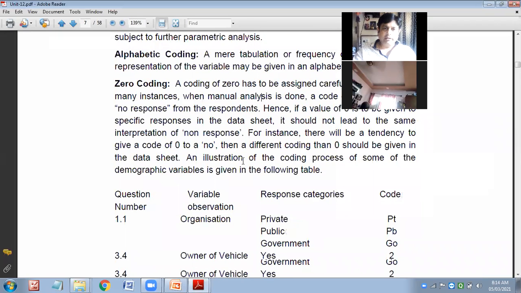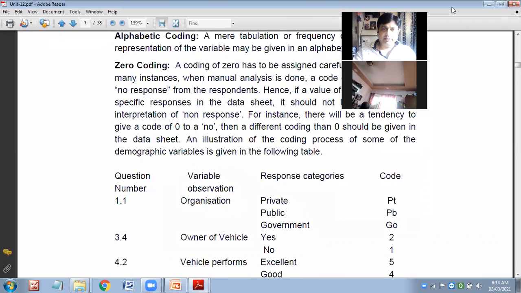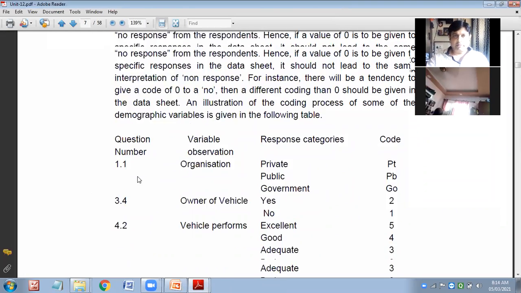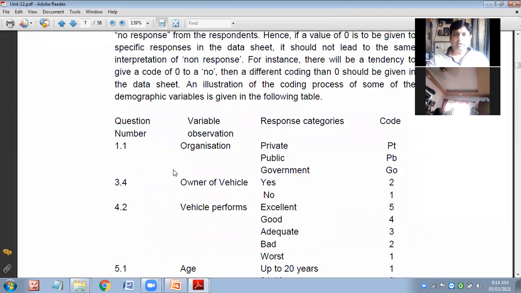The example is very effectively given here. Kindly see. Suppose there is a first question which you have asked the respondent. The variable you have considered was organization.